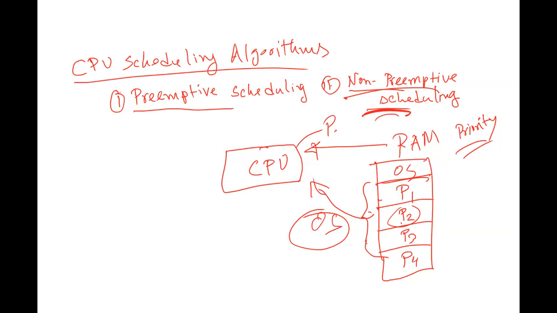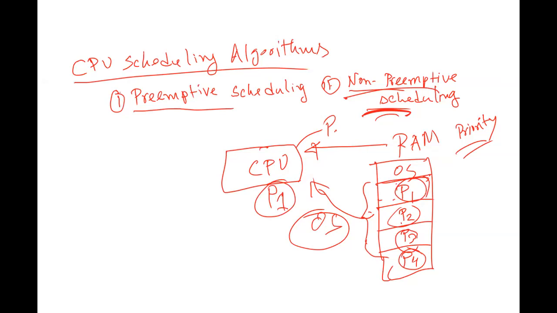It means that, let's say, here we see 4 processes inside the RAM. P1 is currently being executed by the CPU, and then P2, P3, P4 are all higher priority than P1.